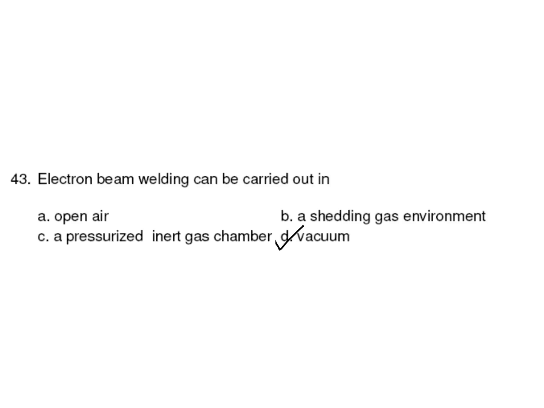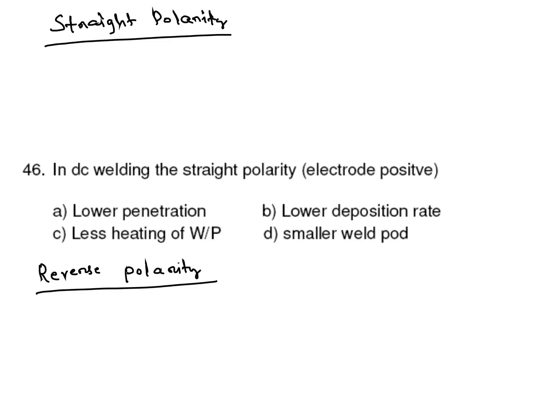In DC welding, the straight polarity or electrode positive. Here in this question, some printing mistake is there. In straight polarity, the electrode should be negative and the workpiece should be positive. Straight polarity, positive terminal is at the workpiece, negative terminal is for the electrode.